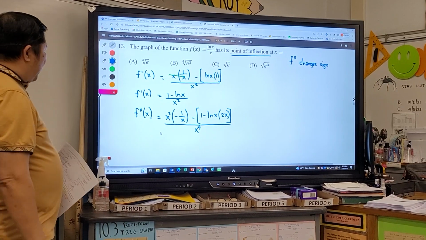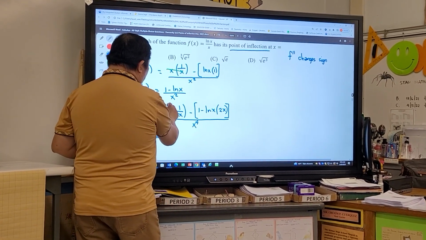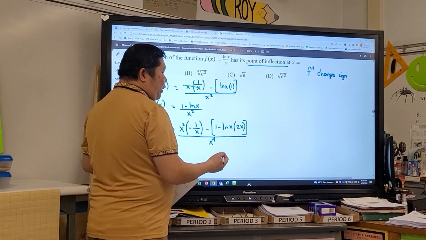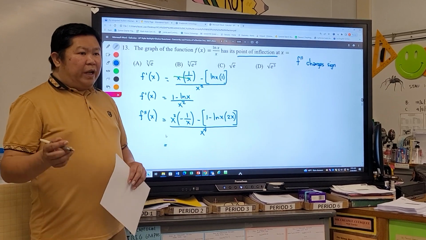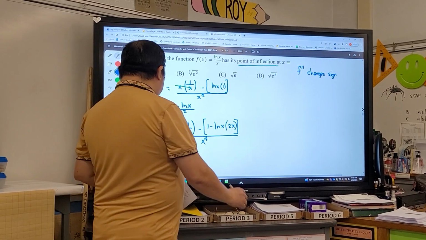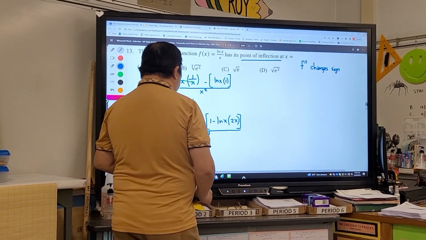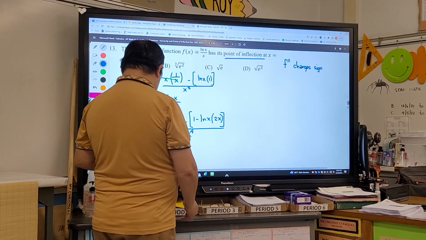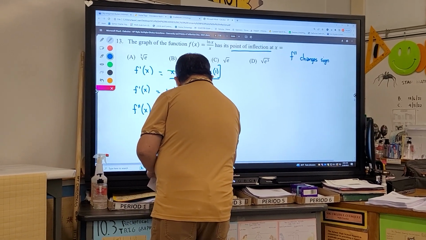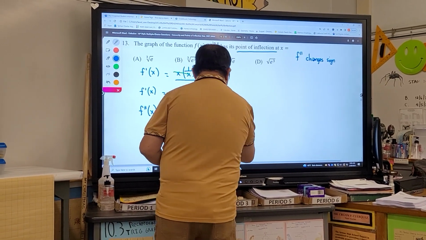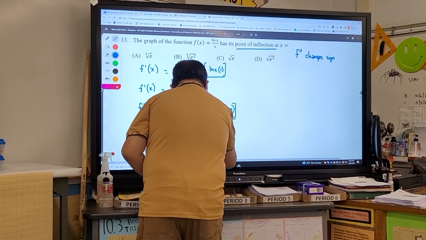So we're gonna simplify this further. So this is negative x squared over x. What is negative x squared over x? It's just negative x, right? So negative x minus, okay, we can distribute. Multiply 2x times 1, so this is 2x.